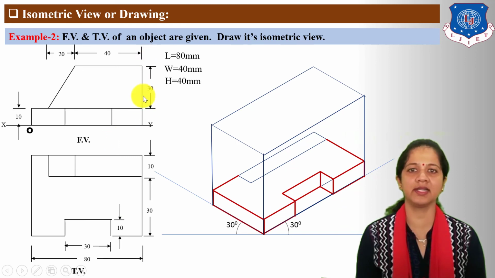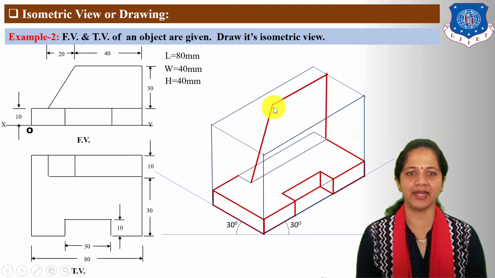Next draw 30 mm height line from this point. Next draw 40 mm length line from this point and connect these two points as a slant line.